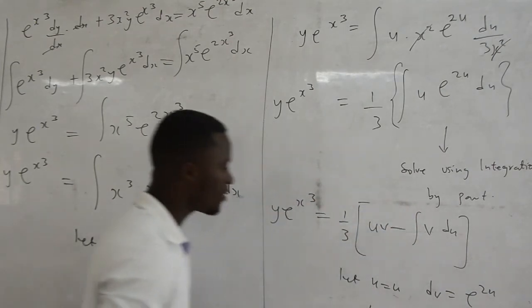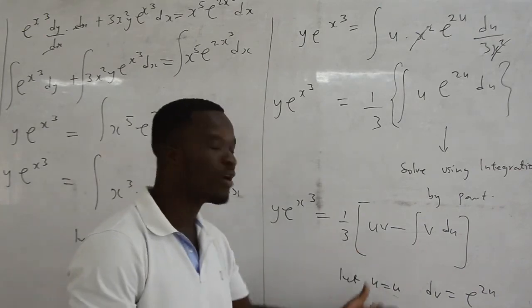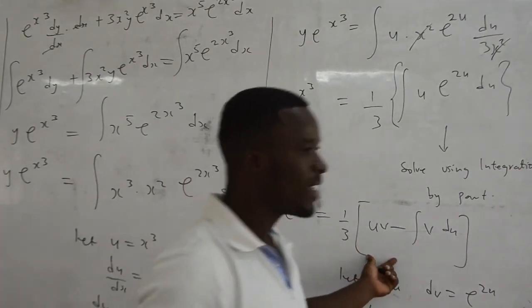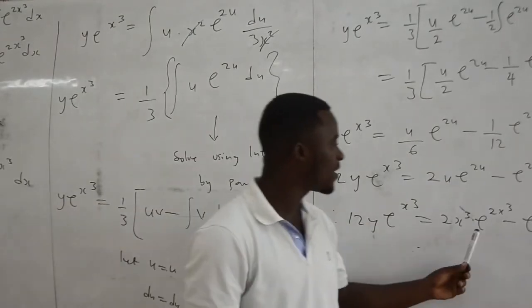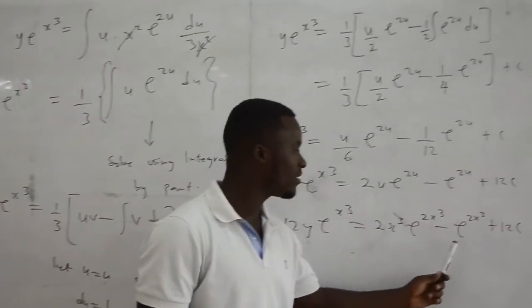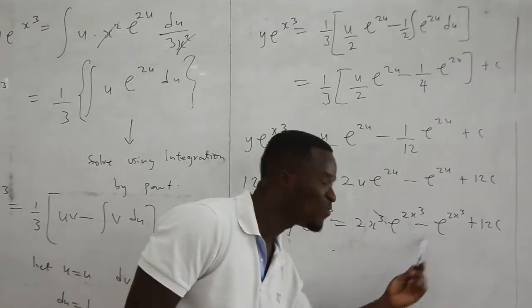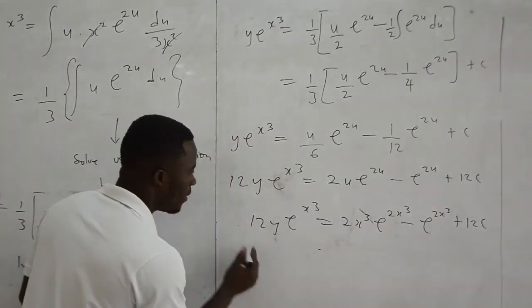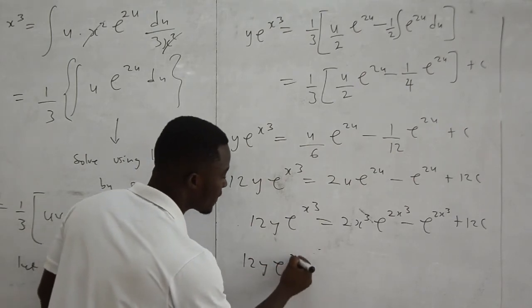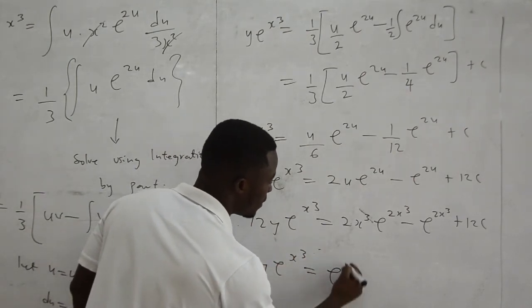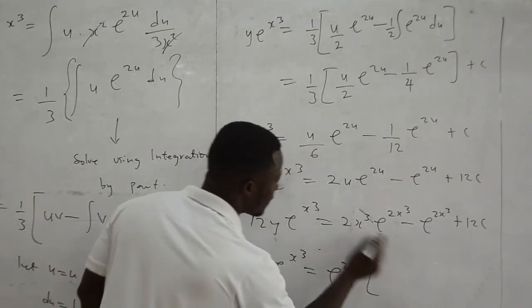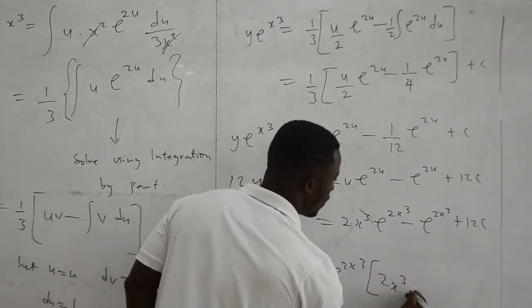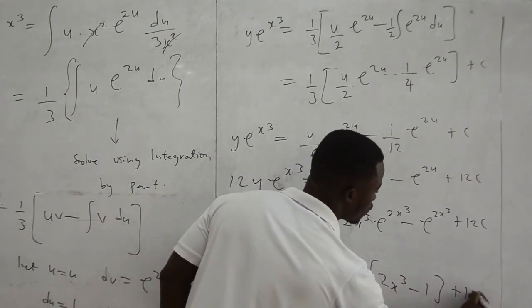Now let's push everything back to the original formula. You can see that e^(2x³) is common within these two terms, so we can even factor that one out. Then I'll have y e^(x³) equals e^(2x³) times what is left here, which is 2x³ minus 1 plus 12c.